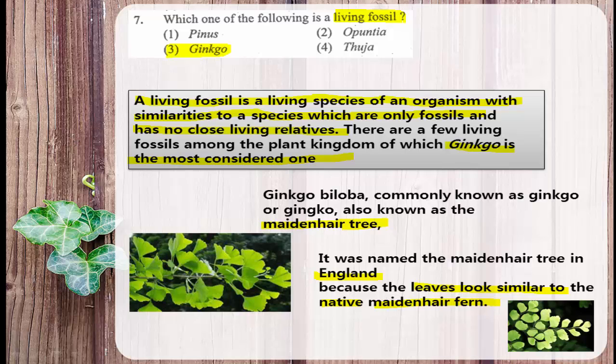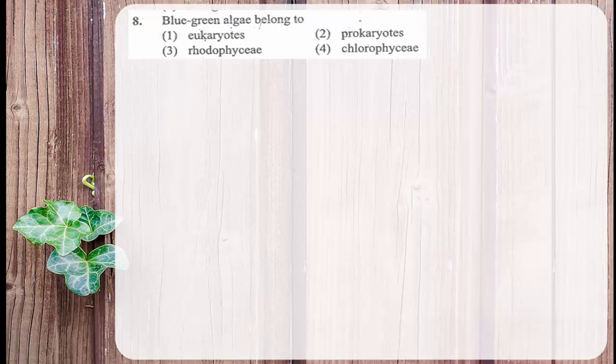Then moving to the next question. Blue-green algae belong to. What are these blue-green algae? Whether they are algal members or they are something else. So blue-green algae, hope you remember, it is the common name of cyanobacteria. The cyanobacteria are more advanced members of kingdom Monera.